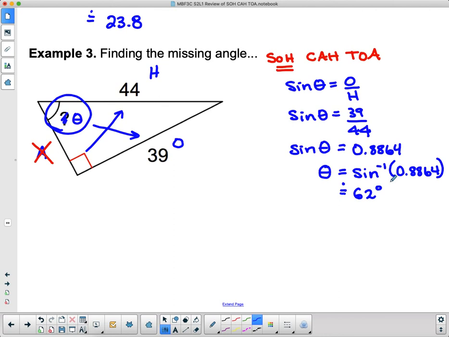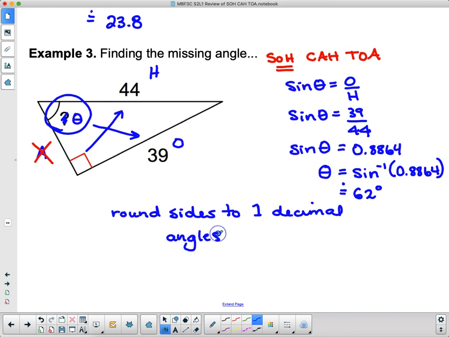You can round sides to 1 decimal place. Round angles to 0 decimal places, or the closest whole number angle.